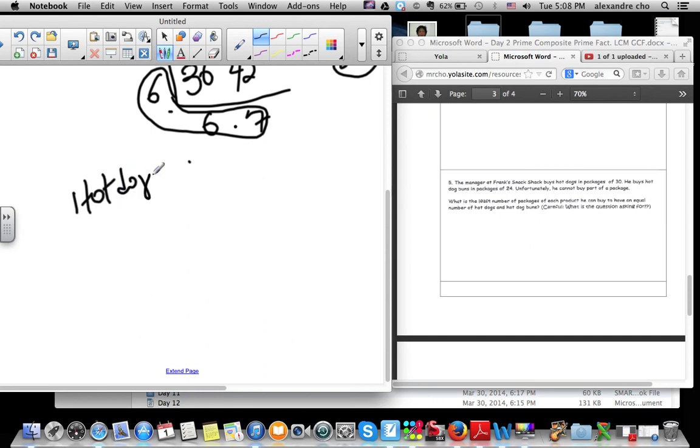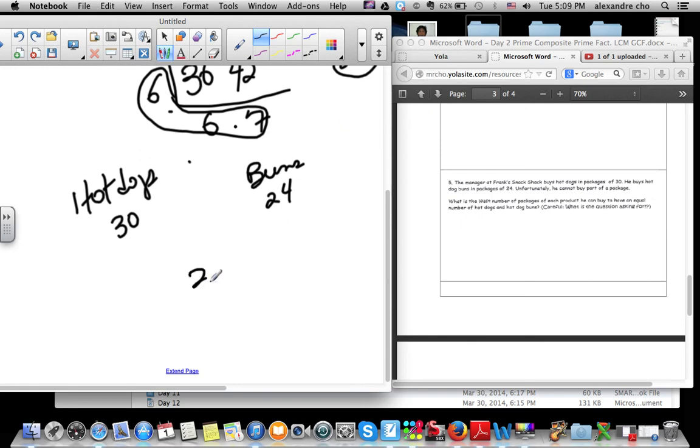Hot dogs come in packages of 30, so every package has 30 hot dogs. And he buys buns, and they come in 24. So that's the typical question. How many packages of each does he need to buy so that he has one hot dog for every bun? Okay, so careful here.